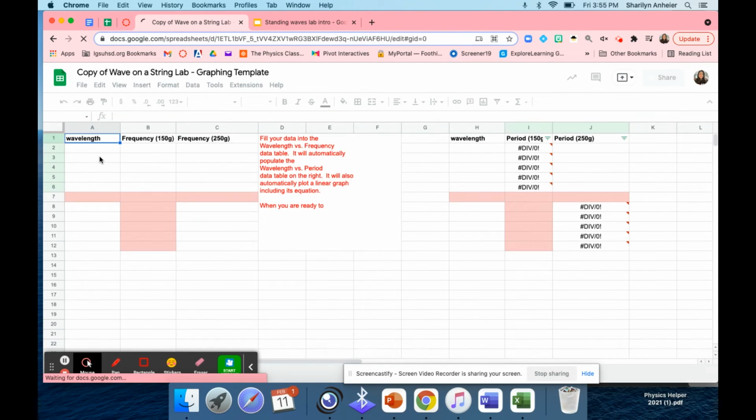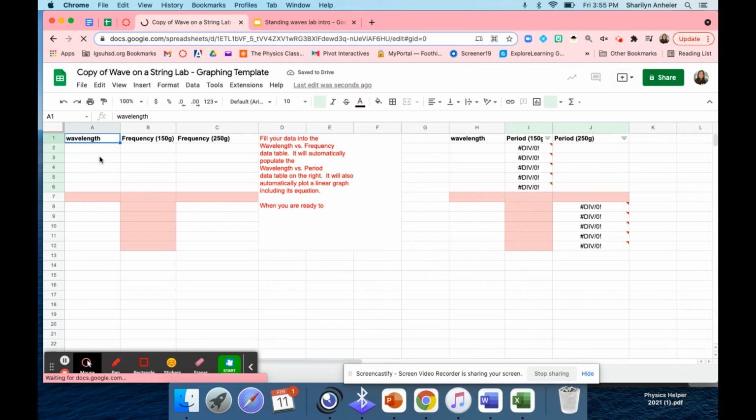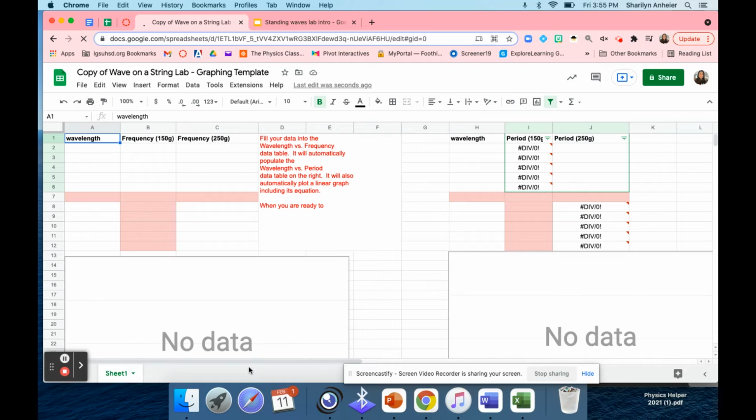So it's a little bit different than the type of graphing we normally do, and the reason why is because we now have to graph two different pieces of data into one, and so I want to show you how to do this. First, we've got two different tensions, and so you're going to plug in your frequency, which is your x-axis, in two different columns.